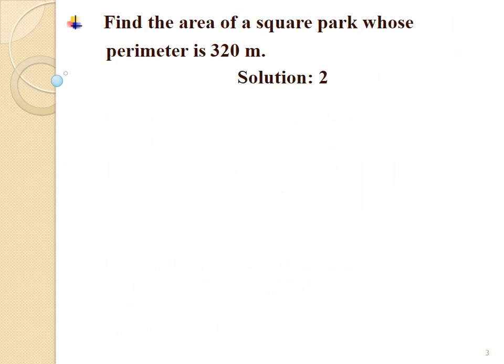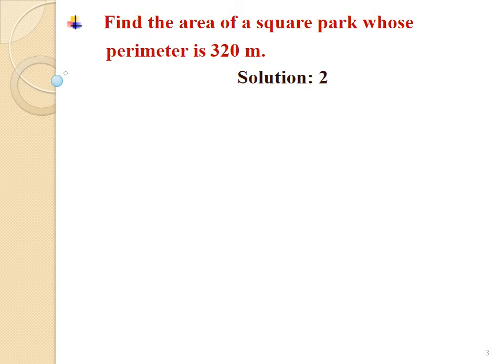Now, question number 2. Find the area of a square park whose perimeter is 320 meters. Students, in this question, we have to find the area of a square park, and we have been given perimeter of a square park.